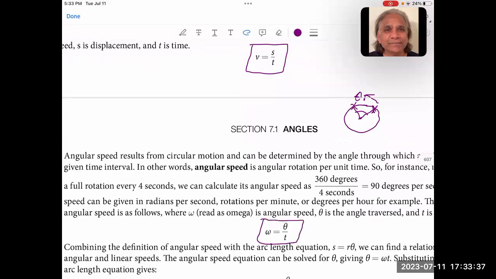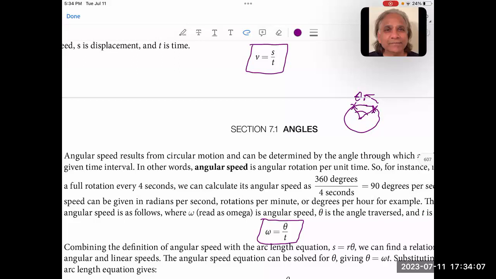So instead of distance over time, angular velocity or angular speed is angle of rotation over time. The symbol that we use for linear speed is v, and the symbol that we use for angular speed is this letter, which looks like a W, but it's actually the Greek letter omega, lowercase omega.